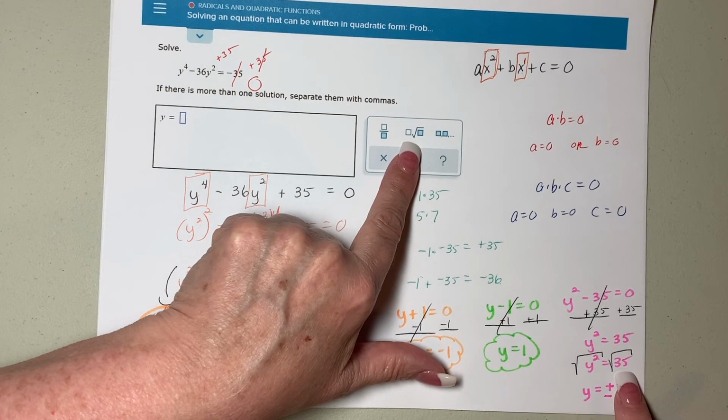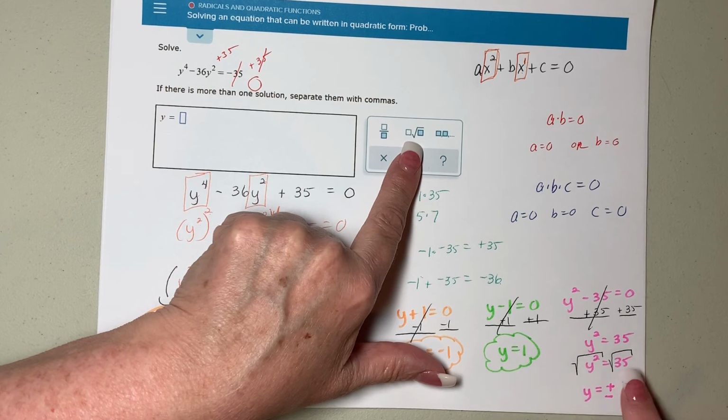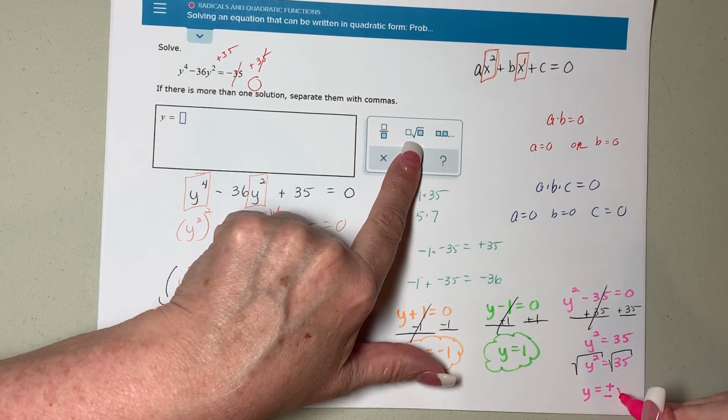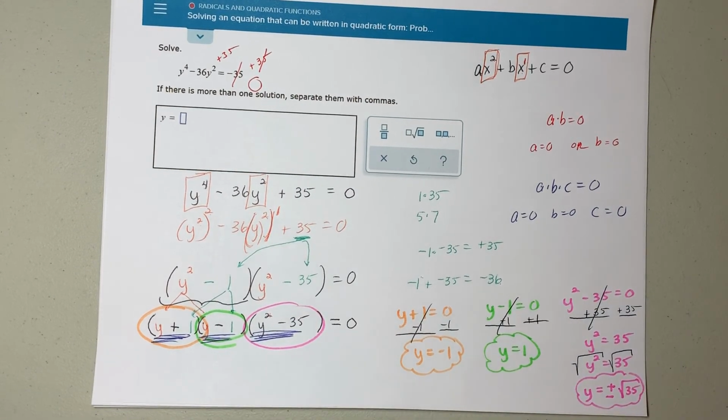Let's see, 35 comes between 25 and 36. 25 is 5 squared, and 36 is 6 squared. So the square root of 35 is 5 point something or other. It's probably like 5.9 something. But they just want me to leave it in radical form, and I can't simplify that, so it's going to be the square root of 35. But there's two possible answers, positive or negative.